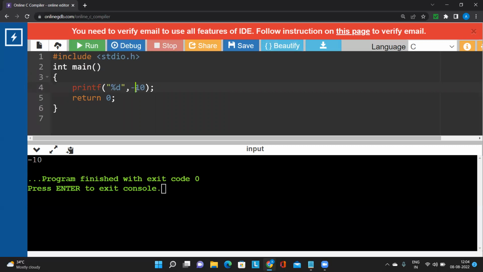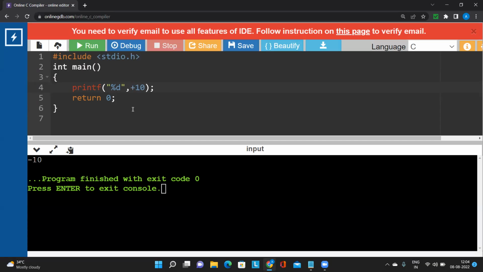We use this minus symbol to represent a subtraction operator, right? But here we use it to represent that this is a negative value. This is what I mean by a unary operation. So the plus and the minus operator can be used in this format also. We use the minus operator to represent negativity, that is, this number is a negative number.